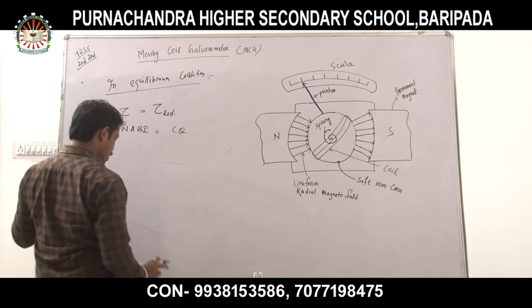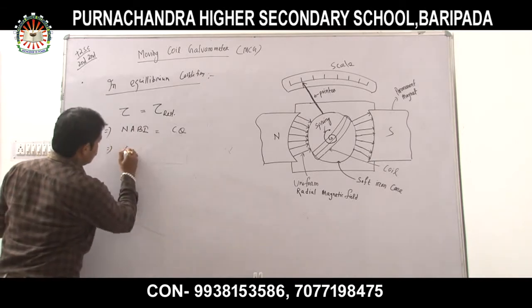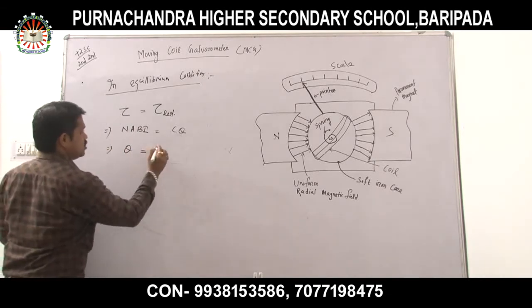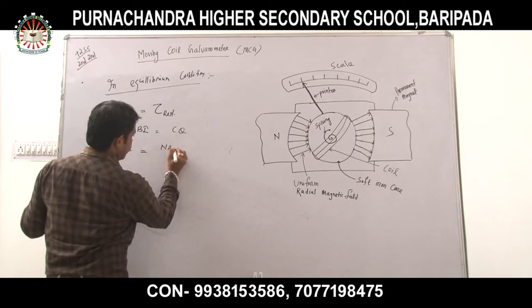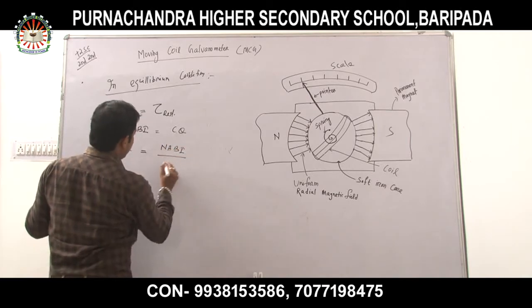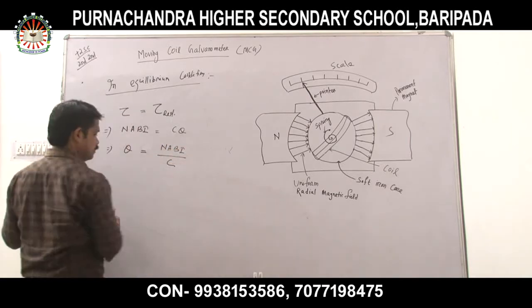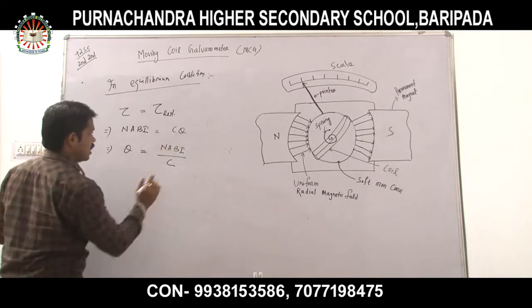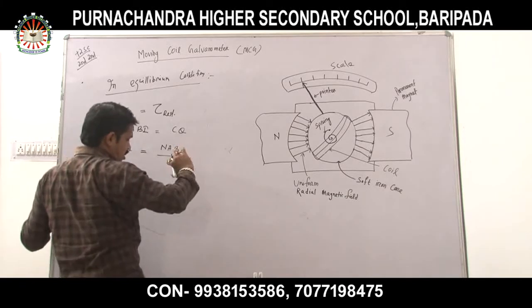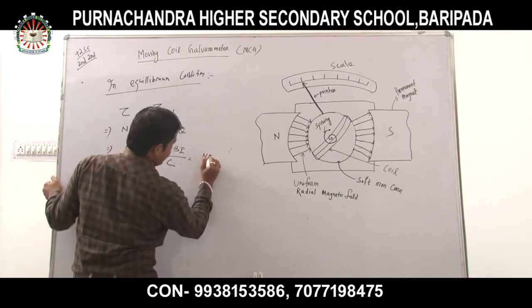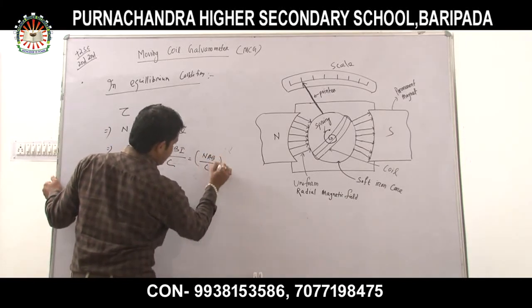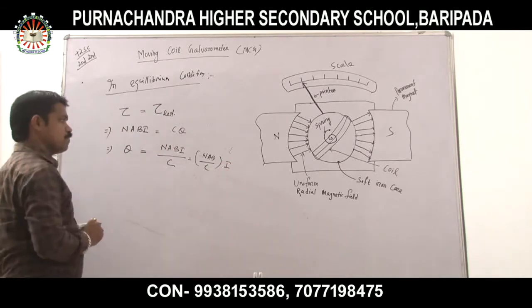Understood all of you? So that implies theta, the angle of twist, is equal to N A B I divided by C. Clear? So we just rearrange it: N A B divided by C into I.